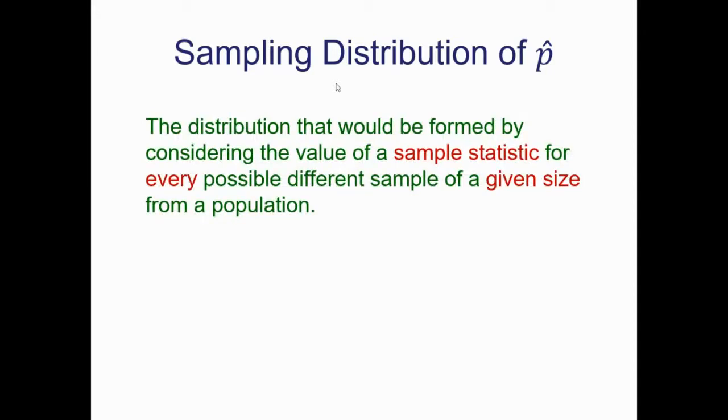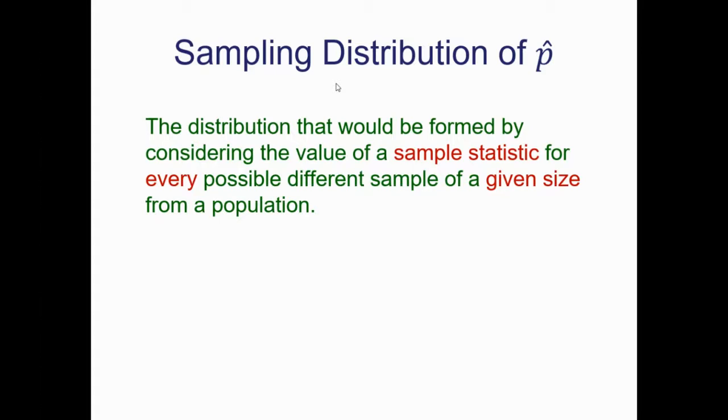The sampling distribution of p hat is a distribution that would be formed by considering the value of a sample statistic for every possible different sample of a given size from a population.